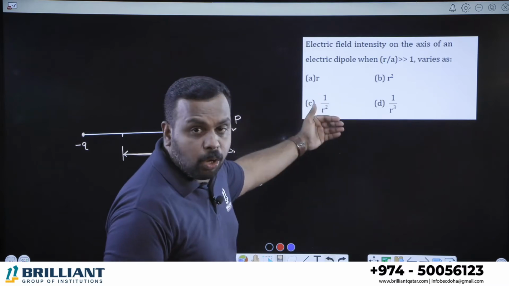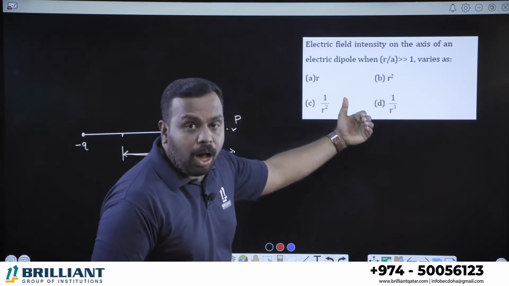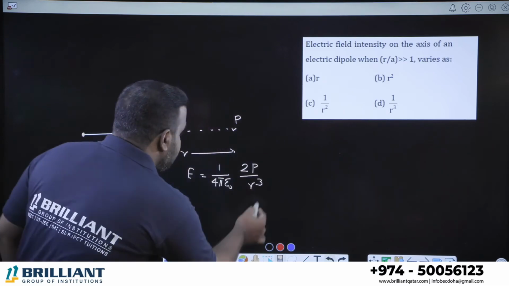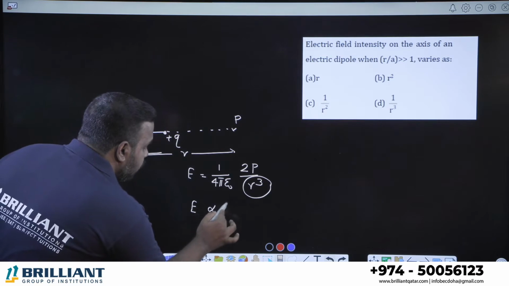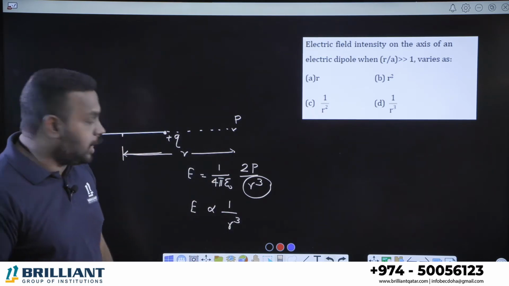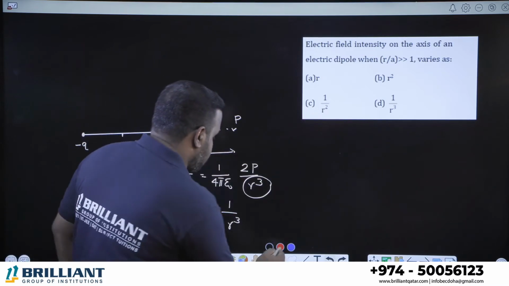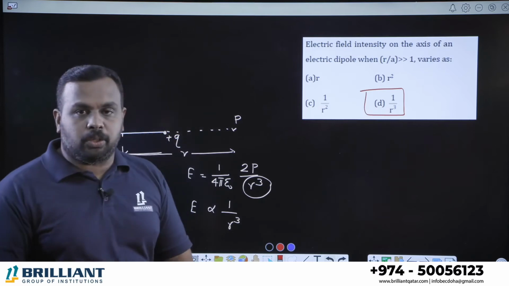In the options, what we need to find is how this electric field is related to r. Here you can see that it's r cube. So clearly the intensity of electric field is inversely proportional to r cube. So the answer is it varies as 1 by r cube.